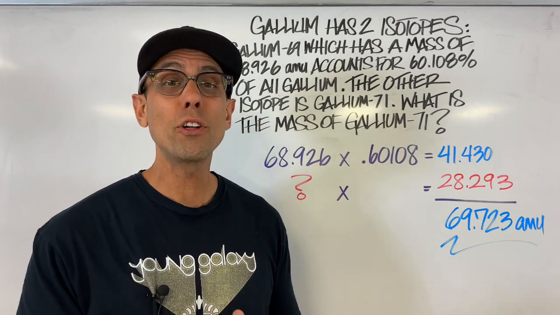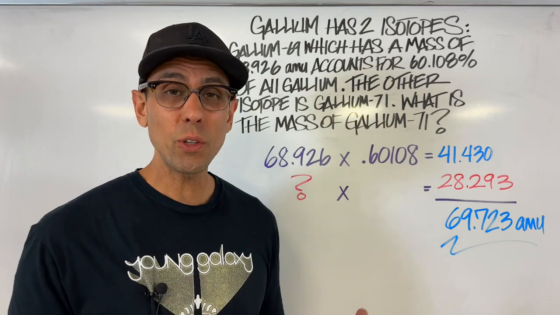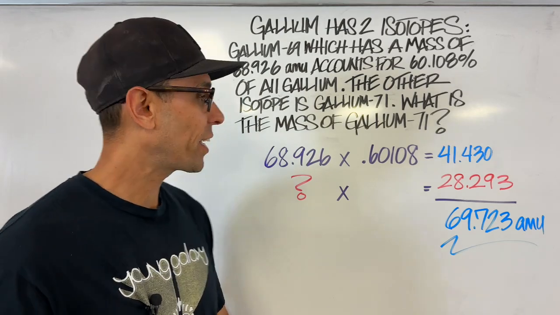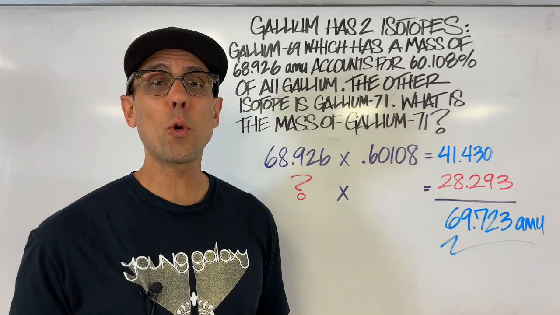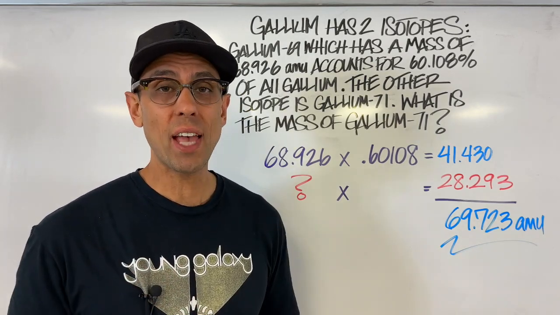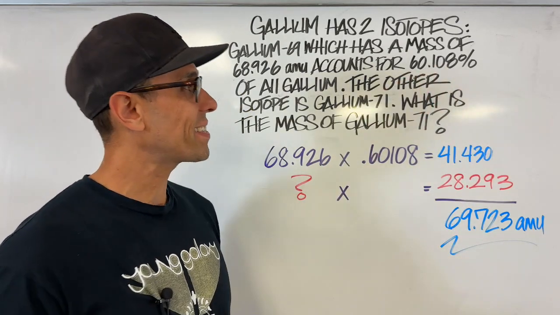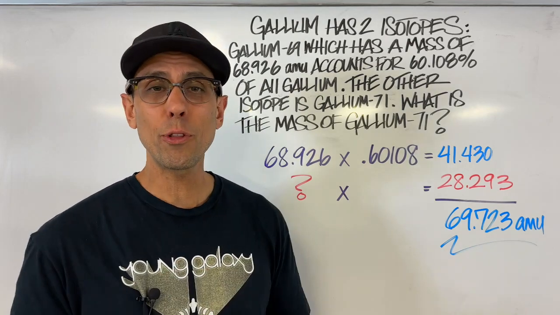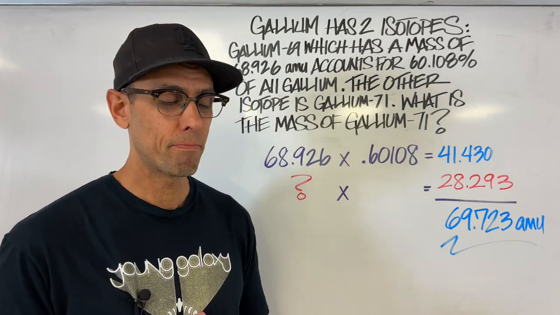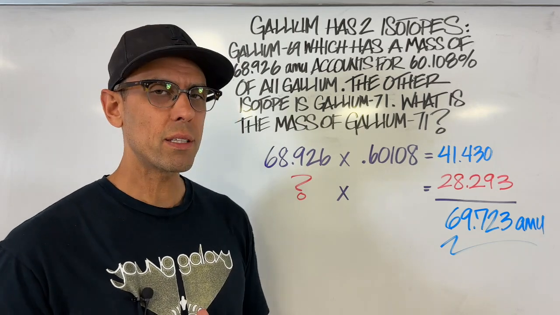That's right, 100%. So we're going to use subtraction again. If I know that this number plus this number, in percentage form, need to equal 100%, let's just subtract 60.108 from 100, and we'll find that other missing percent abundance.